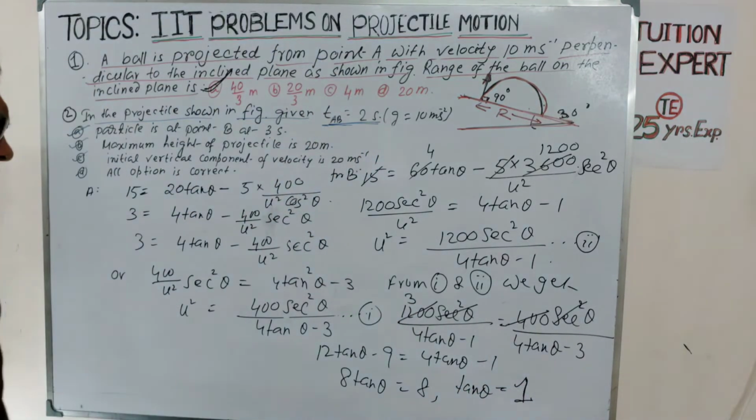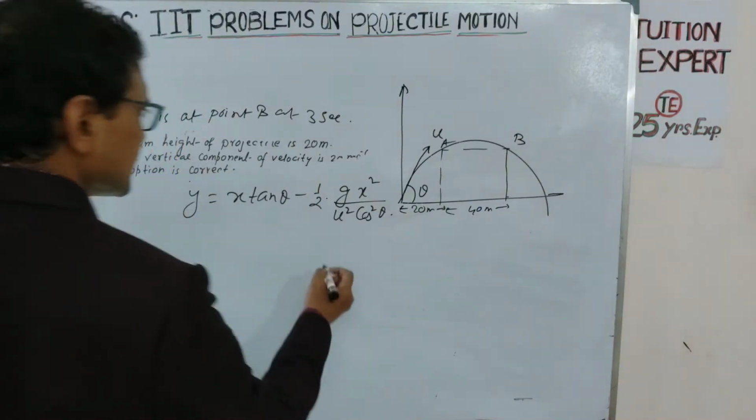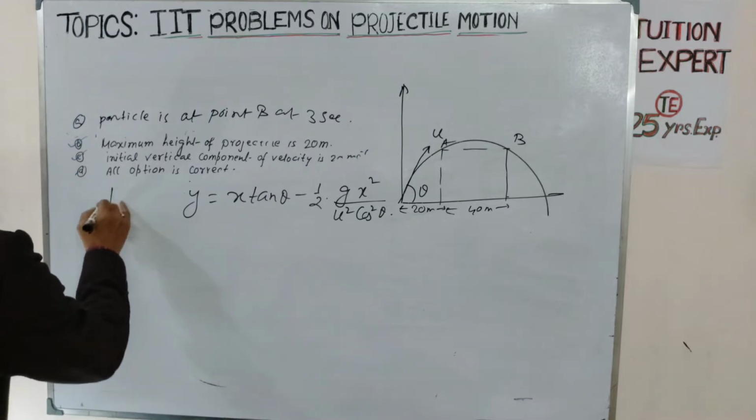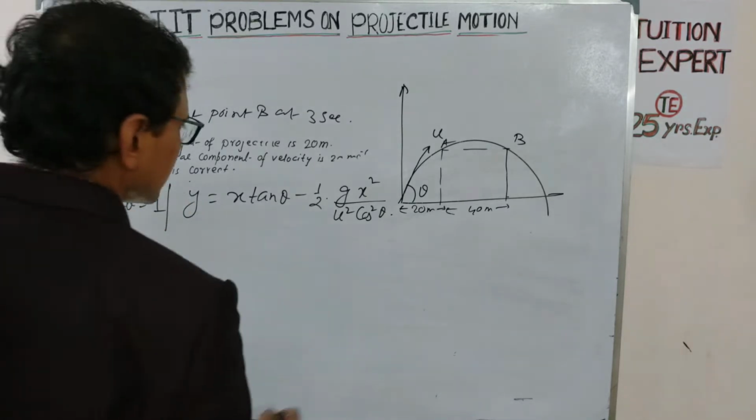Tan theta equal to 1, that is theta equal to 45 degree.